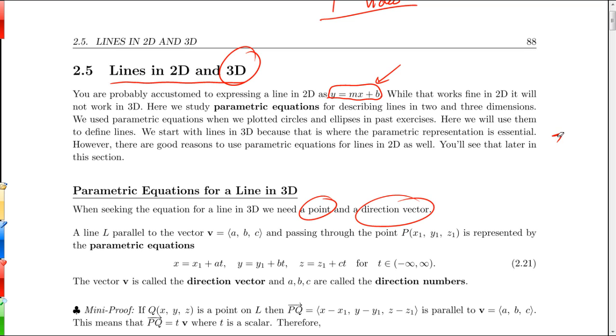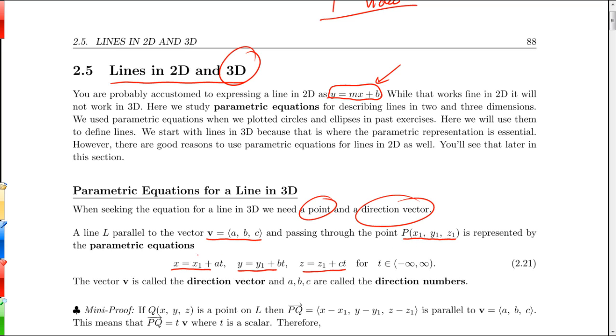The way I do that is I say, if this is my point x1, y1, z1, and this is my direction vector v, with components a, b, and c, then I have three equations that describe my line. They're parametric equations, one for each variable: x, y, and z.